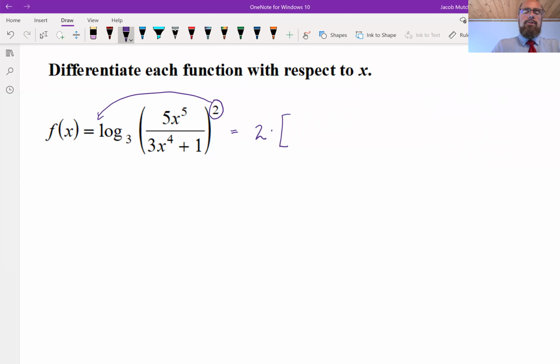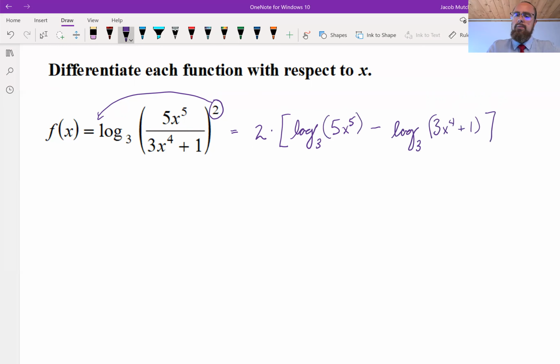And then the second change I need to make is applying the quotient rule for expansion of a logarithm. Remember, that's equivalent to log base 3 of 5x to the 5th, the numerator, minus, so the quotient there converts to a subtraction or a difference of log base 3 of the denominator 3x to the power of 4 plus 1.